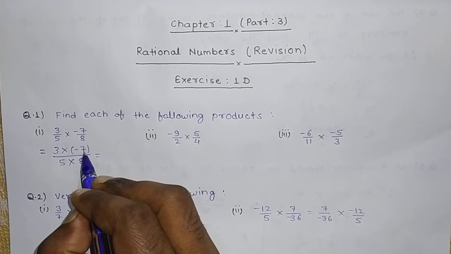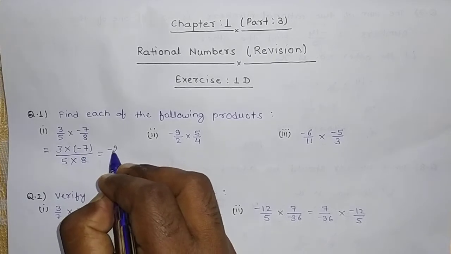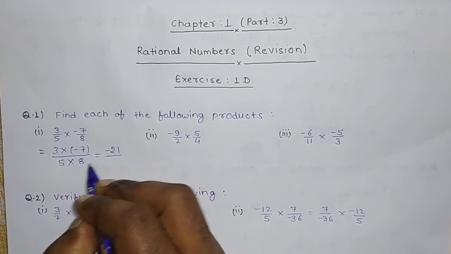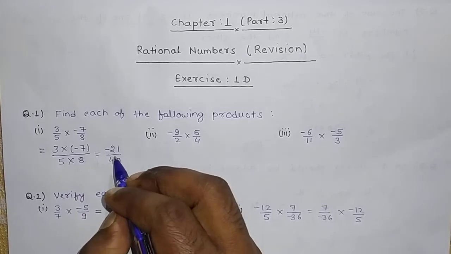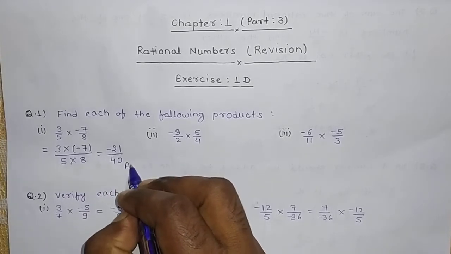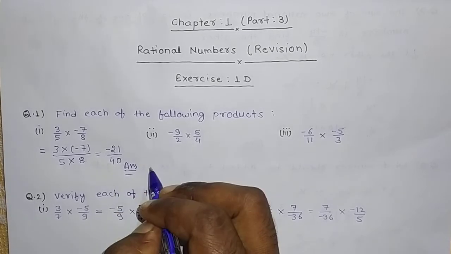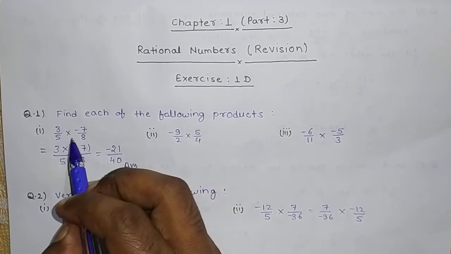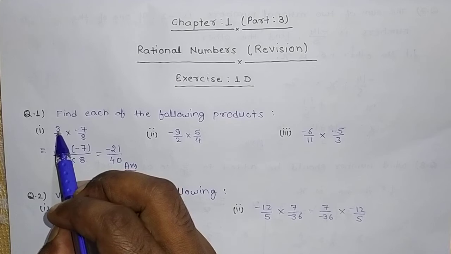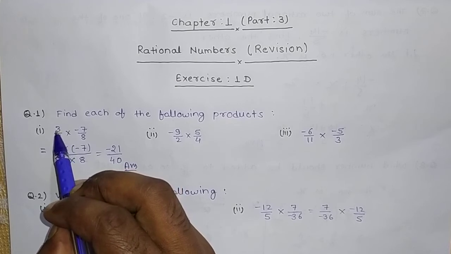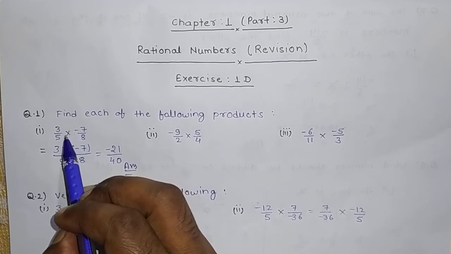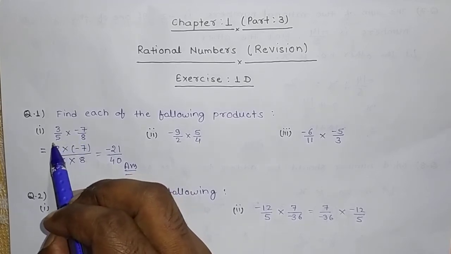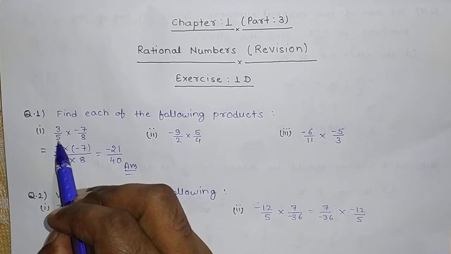So 3 7s are 21 and this becomes minus 21 divided by 5 8s are 40. So now minus 21 upon 40 is the answer. It's very simple. Simply we have to multiply both the numerators 3 into minus 7 divided by both the denominators 5 into 8.